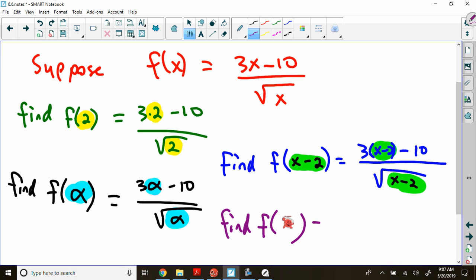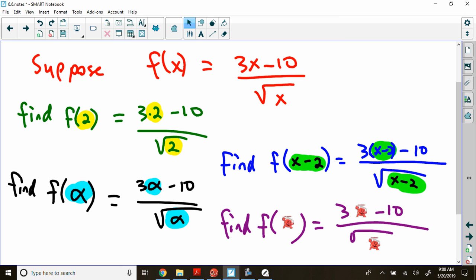F of Kool-Aid Man, what's that going to look like? Three Kool-Aid Man. And then what? Minus 10. All over the square root of Kool-Aid Man. Does that notation make sense so far?